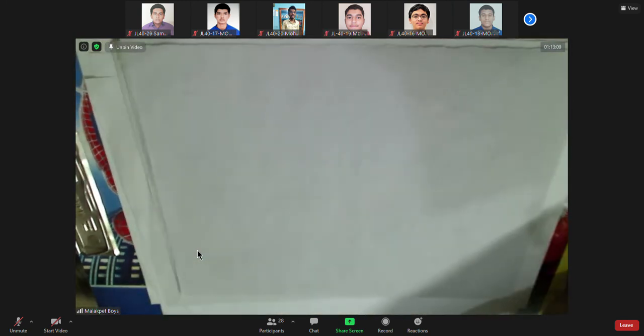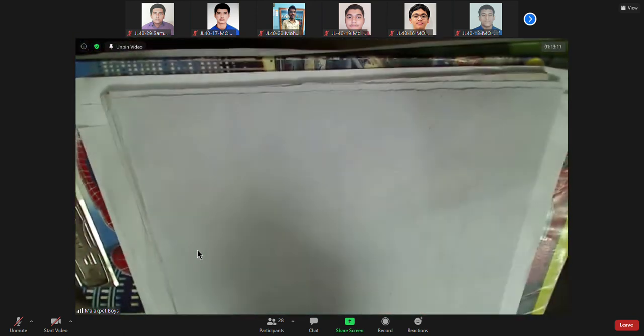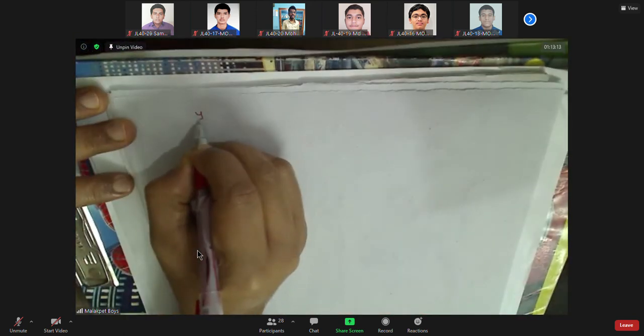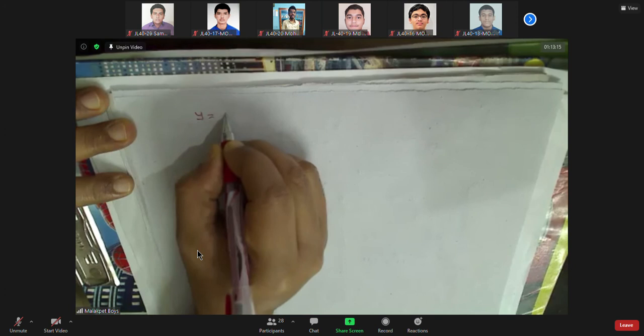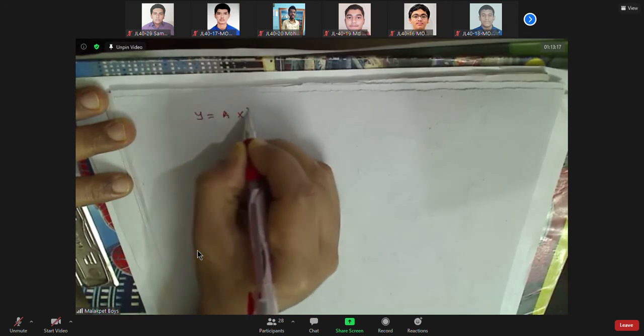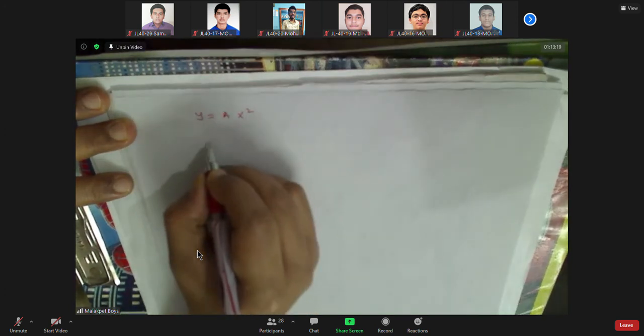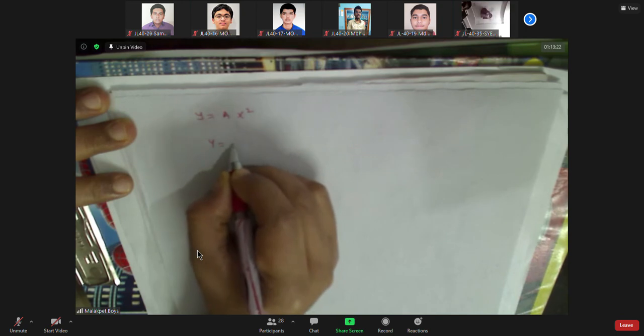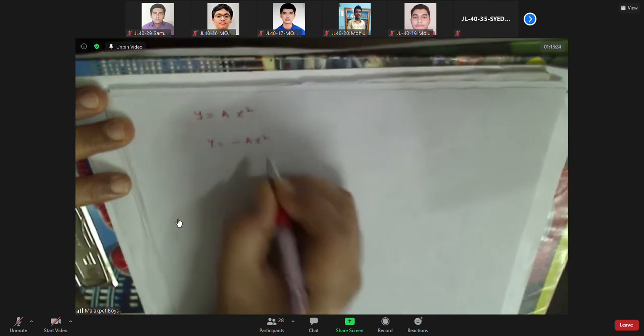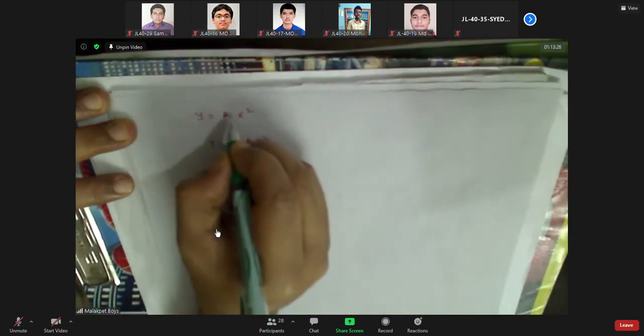See, remember, I'll again discuss this graph. y equals a into x square. This coefficient is positive, no?